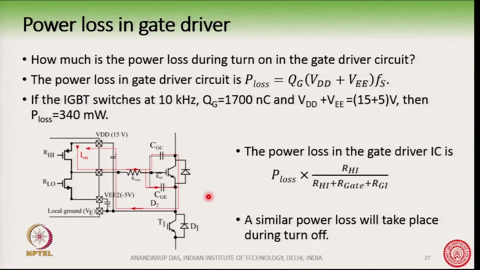Then you can choose what type of external gate resistance you will use, so that it can deliver the peak current as well as sustain this loss. So, this was the expression of loss when it was turning on, and a similar power loss value will happen when the device is turning off.